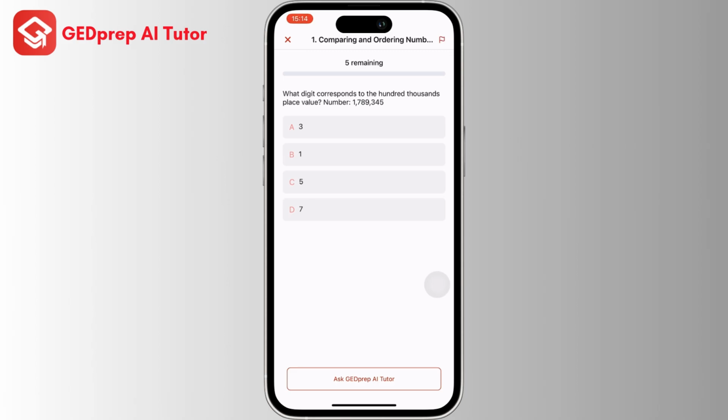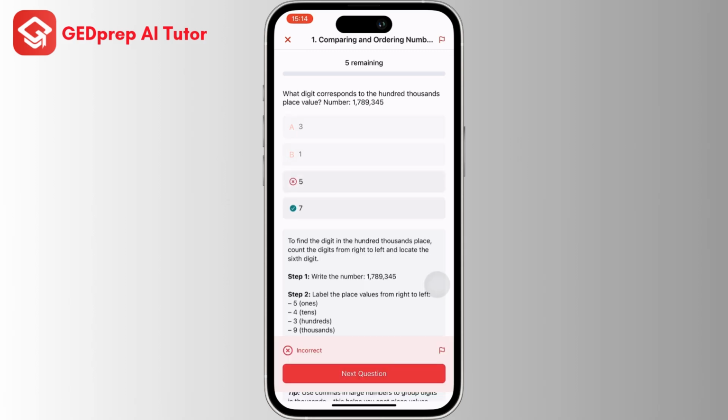Explanation: to find the digit in the 100,000s place of the number 1,789,345, start by counting digits from right to left.